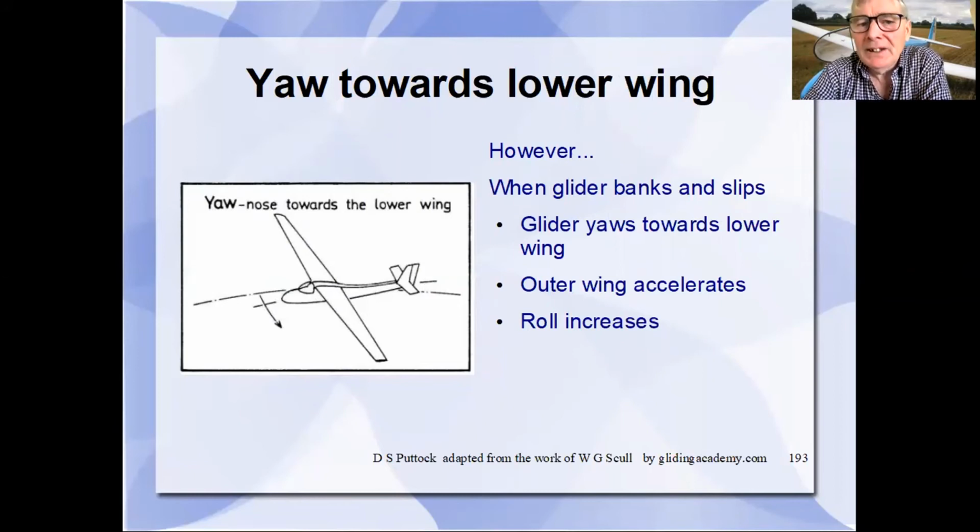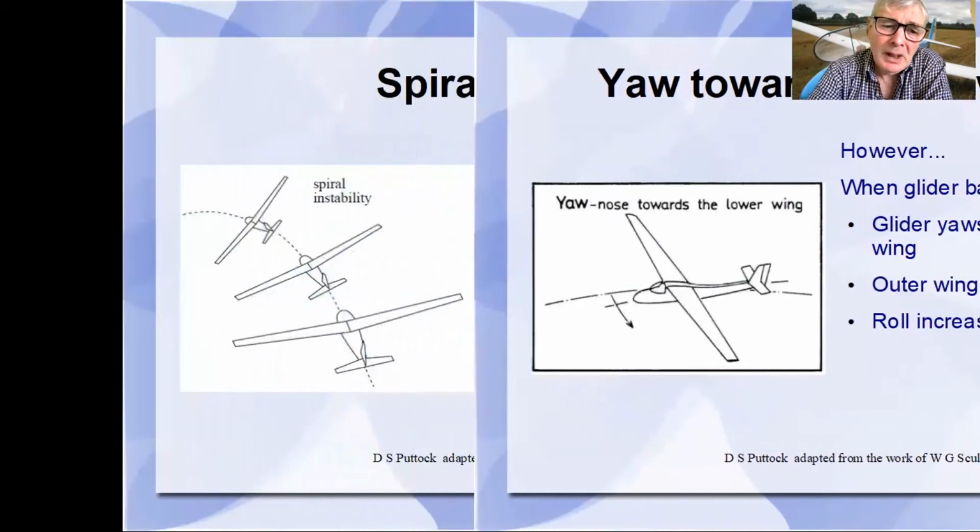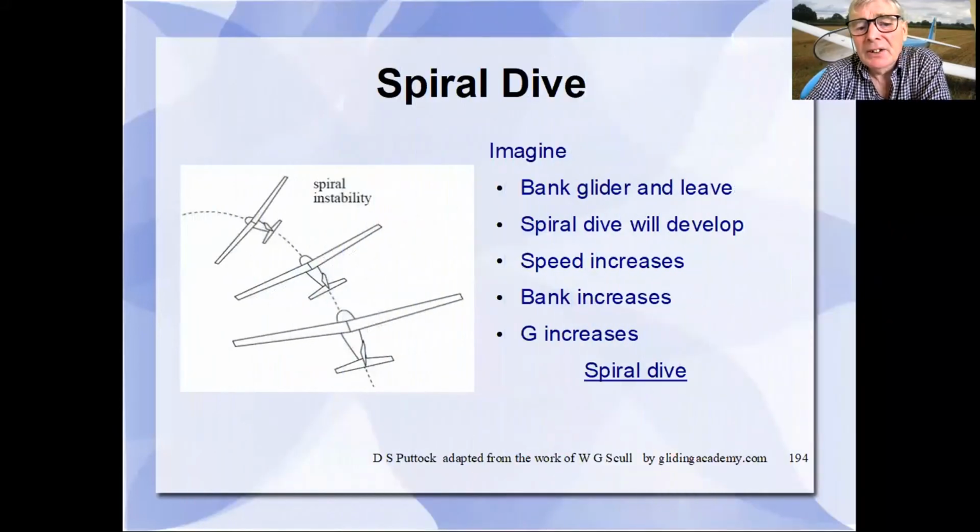But then fairly soon you'll find that the nose of the glider will swing in the direction of the roll. And that's the weathercocking. As that swing occurs, the outer wing, the upper wing, is generating more lift, and therefore the roll increases. And this gives us a spiral instability. So gliders are generally relatively unstable in roll.